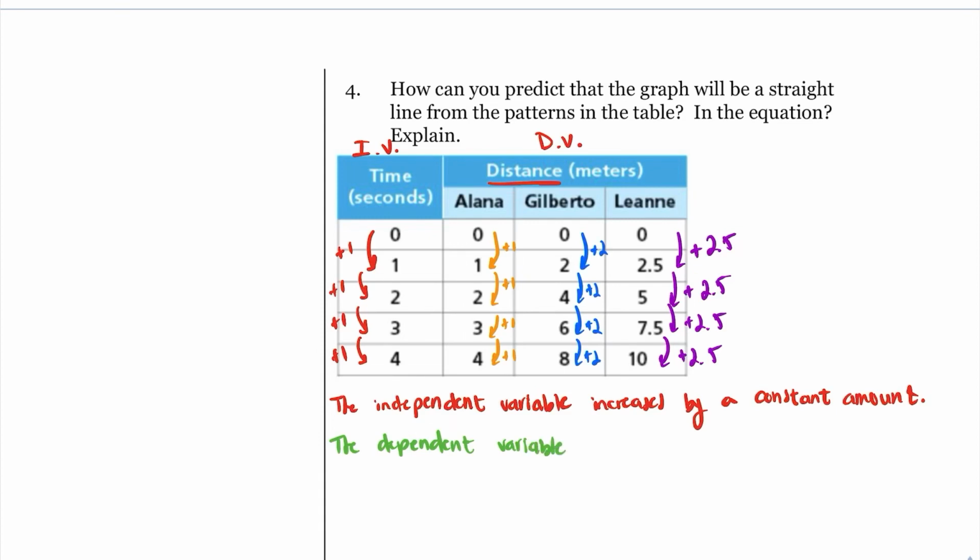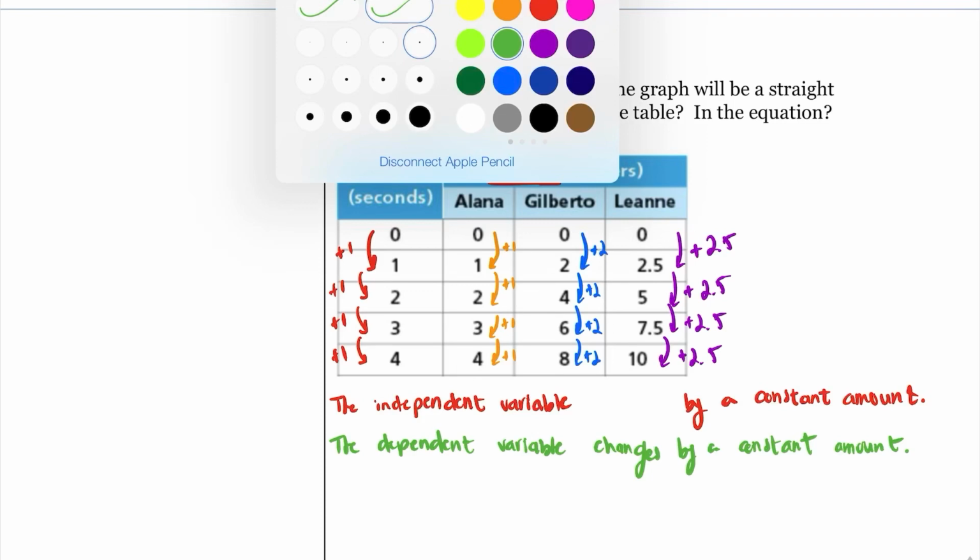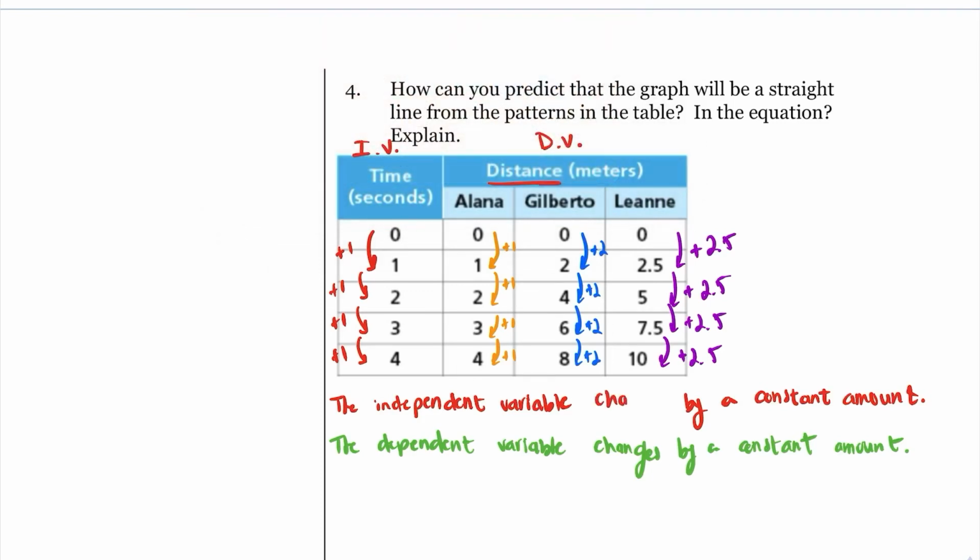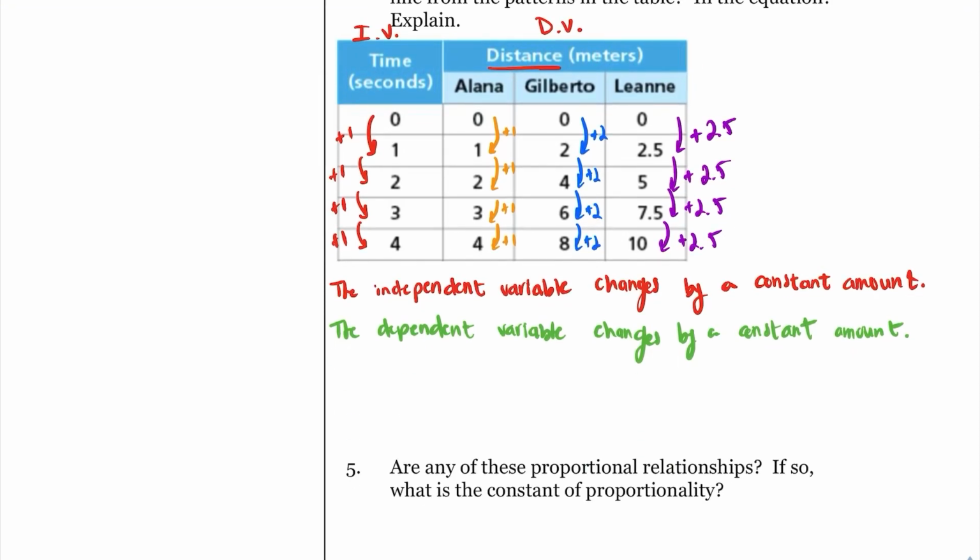Actually, I'm going to change the word increases to changes, because I'm sure you've assumed that increasing is not the only way to change an amount. We can either increase or decrease here, so I'm going to change that so we can be as accurate as possible. Make sure you have constant amount in there. That's the important part. That constant is what tells us that this relationship is linear.